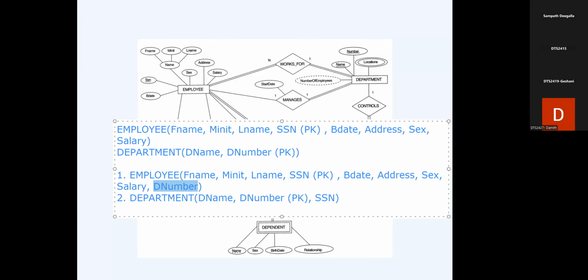Right. We were discussing converting the managers relationship into a relational model, and it's a one-to-one relation. There are two possibilities. First one, the department number, the primary key of the department, can be put into the employee side, or the social security number put in the department side.